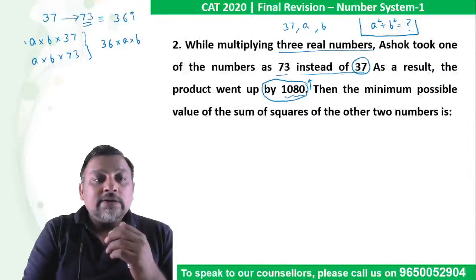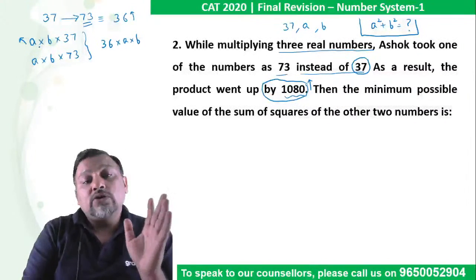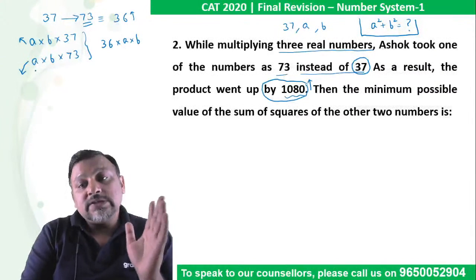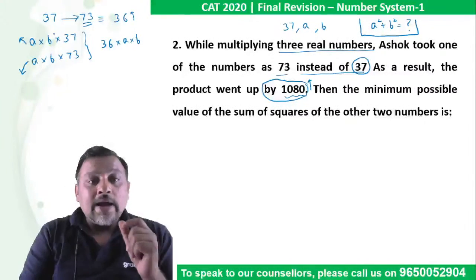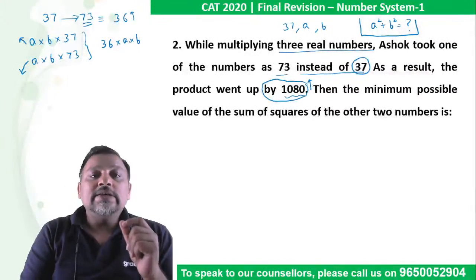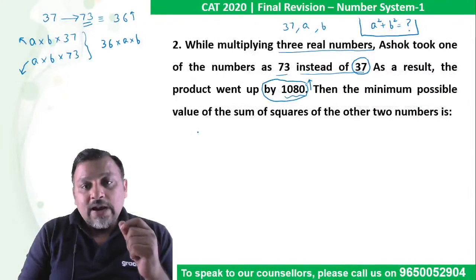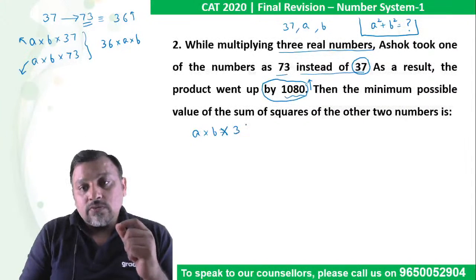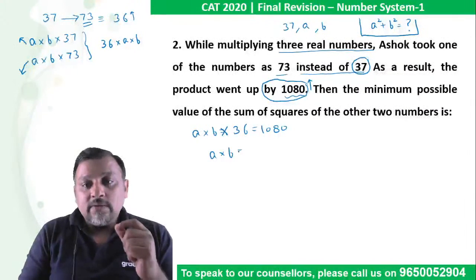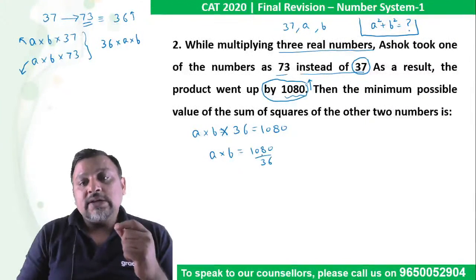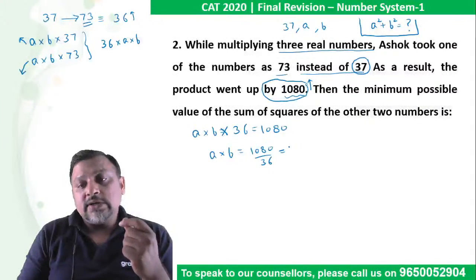This is the product that should have been calculated if there was no mistake, and this is the product calculated because of the mistake committed by Ashok. The difference of these two is A into B into 36. Now this value is given to be 1080. So A into B is 1080 by 36, and 36 into 3 is 108, so it is 30.